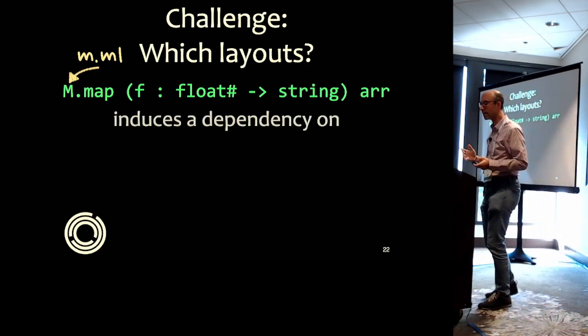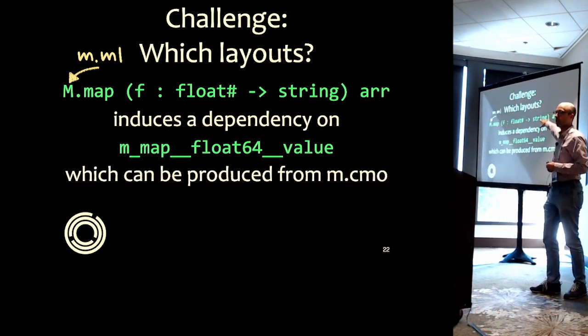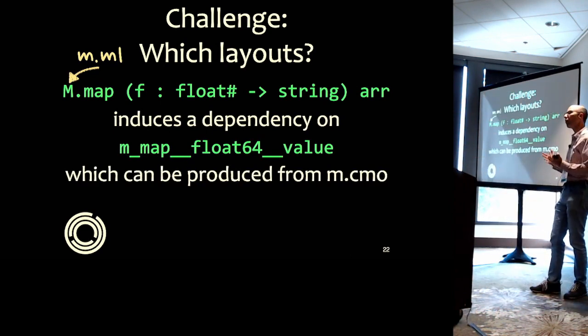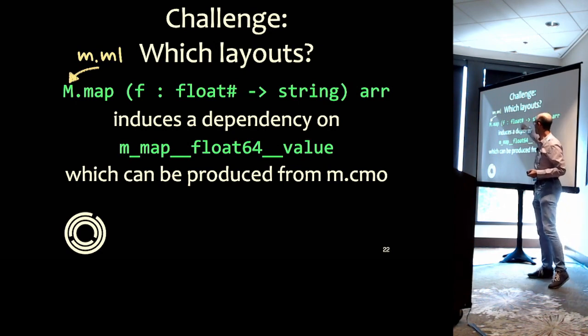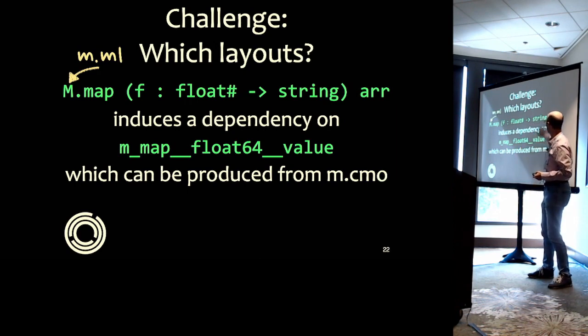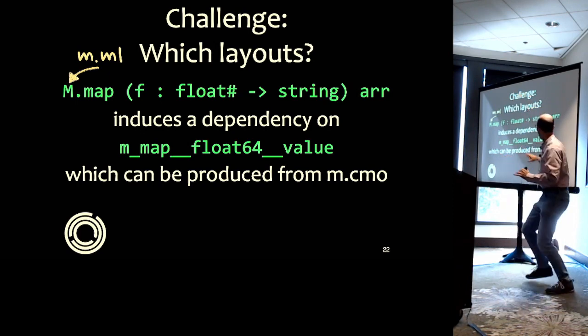So given that, when I see this usage site somewhere, all we're going to say is that to compile that, I need to be able to call this mmap float64 value, right? Where here, float64 is the layout of float hash, and value is the layout of string. I realized I should have colored this in blue.